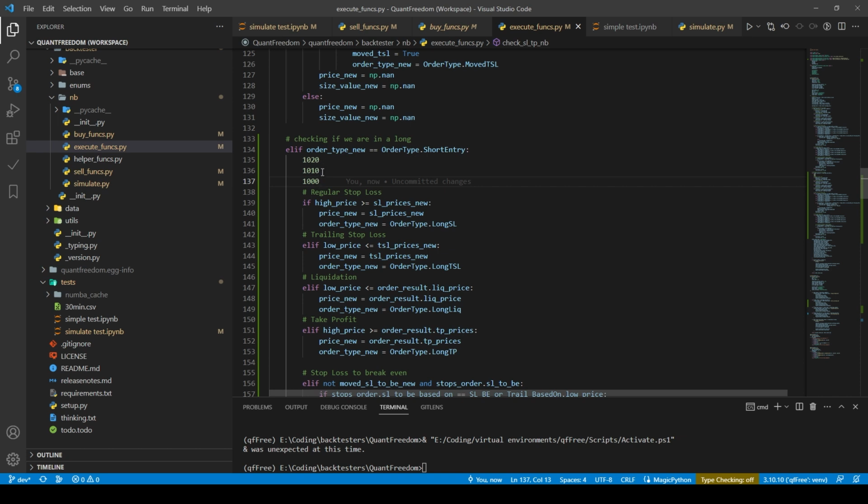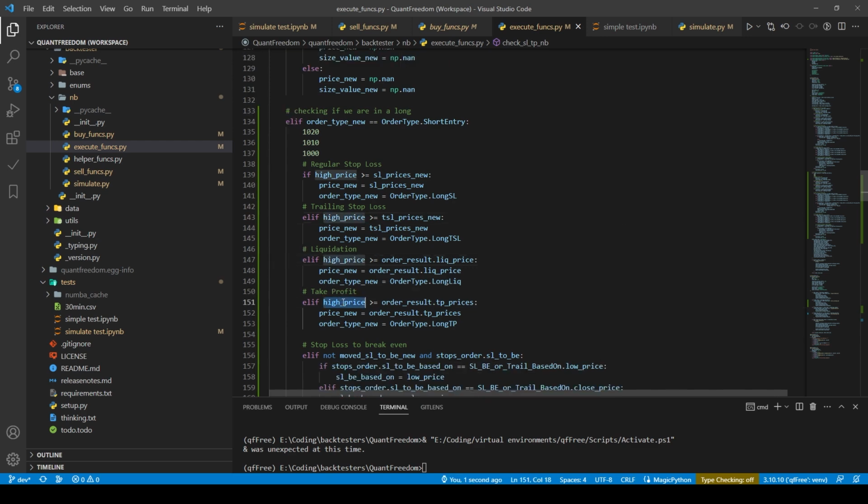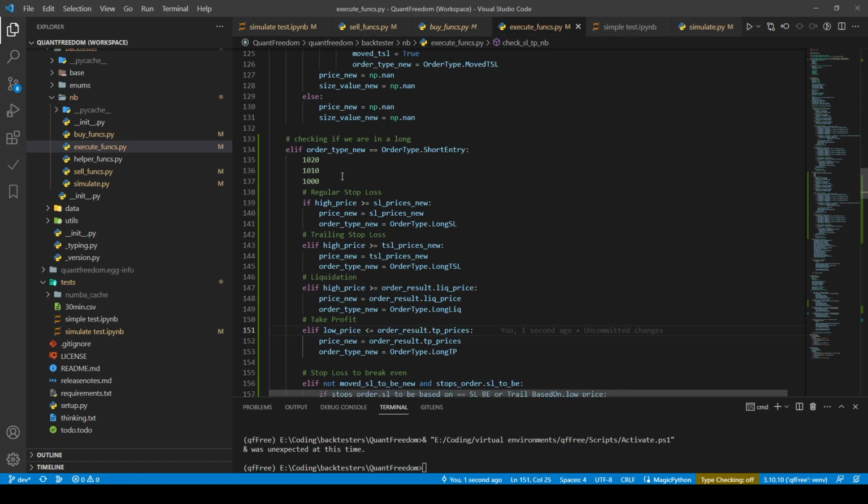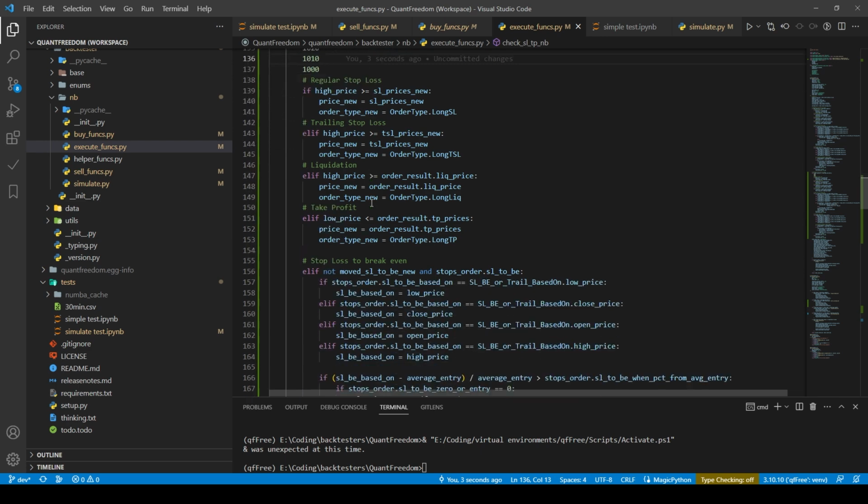If 1020 is our high price, then clearly that's bigger than 1010. So it has to be like this. And then this has to be low price is less than, right? Because if our take profit is here and our low price comes down to this, then it's not less than this. But if our low price comes down to here, then we did take profit. So it has to be this.